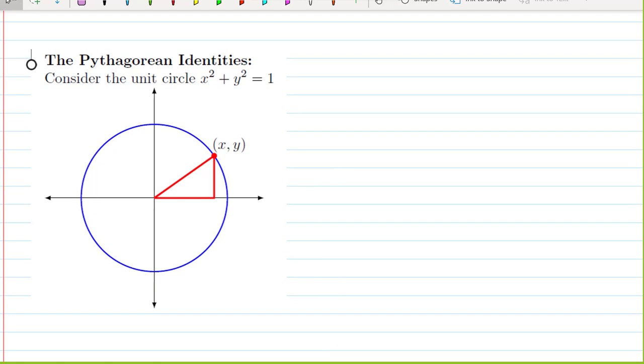So if we look at our unit circle, and remember our unit circle has the equation x squared plus y squared is equal to 1. Well, by definition on the unit circle, what was x equal to again? By definition, x was the cosine of theta. And on the unit circle, y by definition is sine theta.